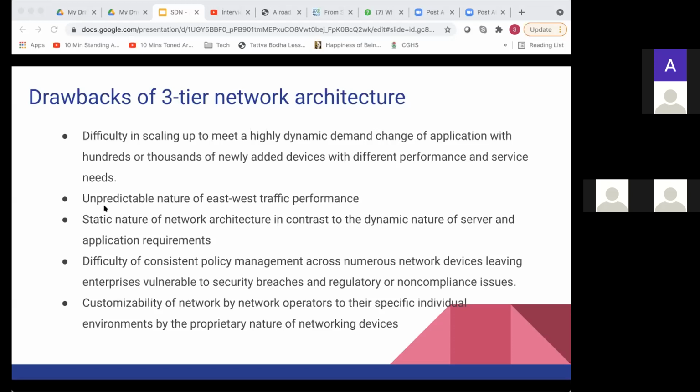Another thing is that the network architecture was pretty static, even though server virtualization and containerization gave a more dynamic environment. Applications were not monolithic. In the early days, when you set up an application, it ran on a particular server and stayed there for its lifetime.